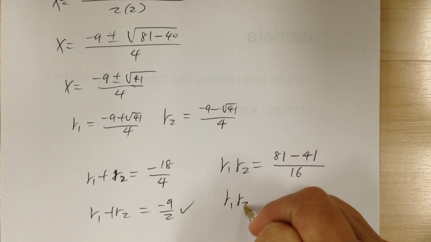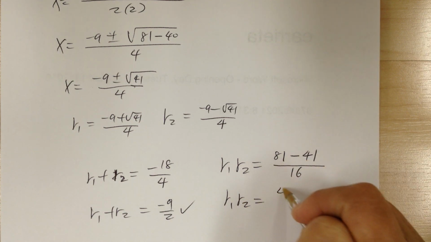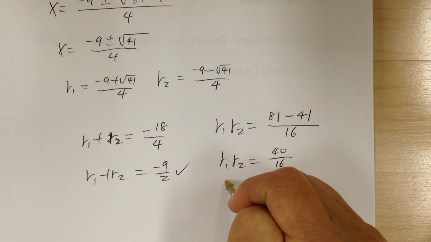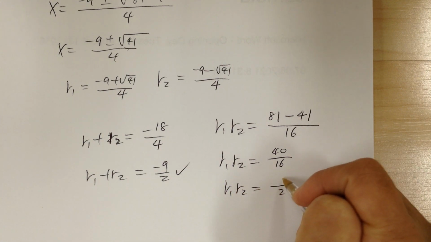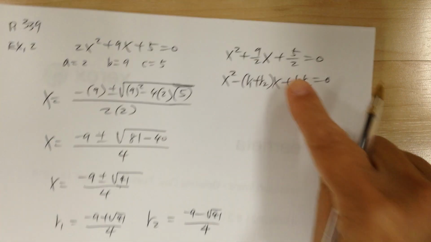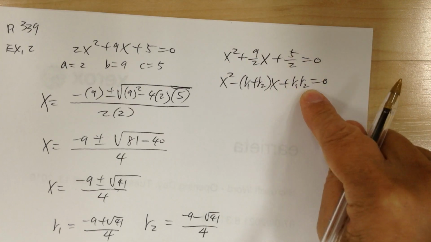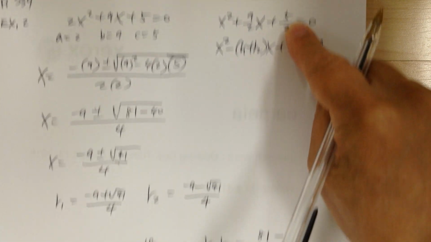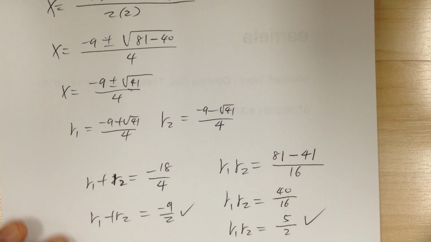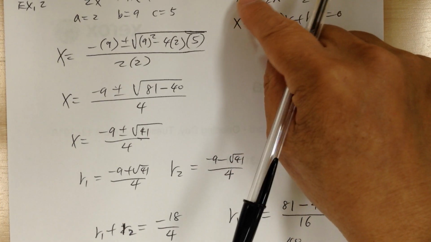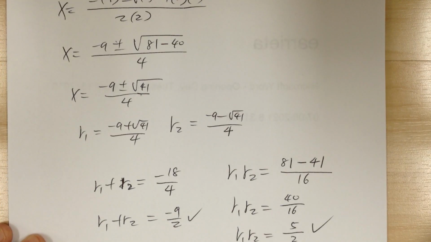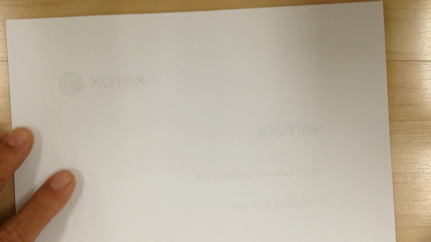So r1 times r2 equals 40 over 16, and you simplify, divide by 8, you get 5 over 2. And that's what r1 r2 matches, 5 over 2. So that means it checks. So this is how the roots and the coefficients of the equations are related. Okay, let's go to example 3.